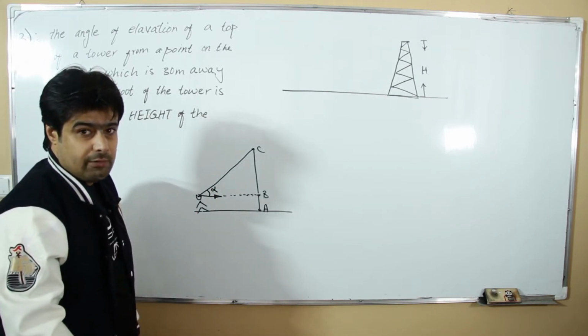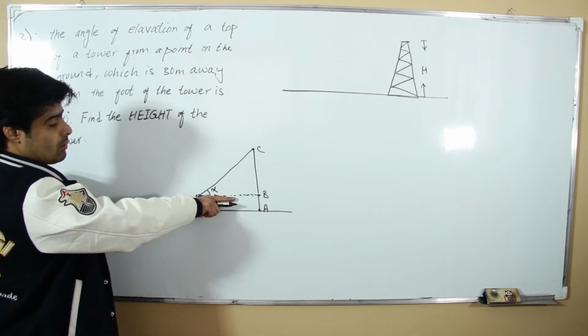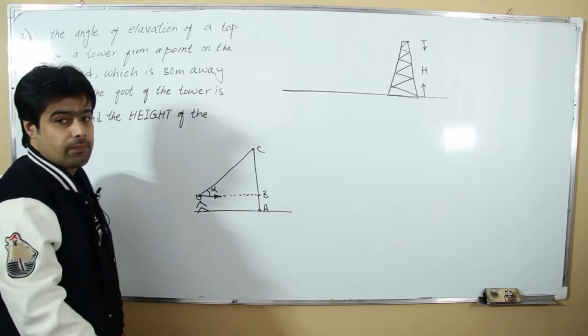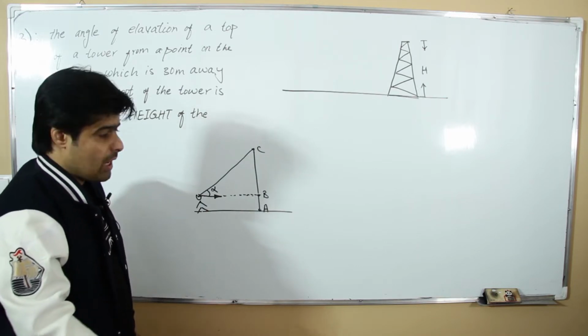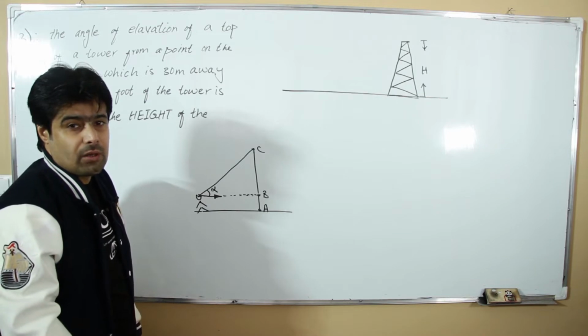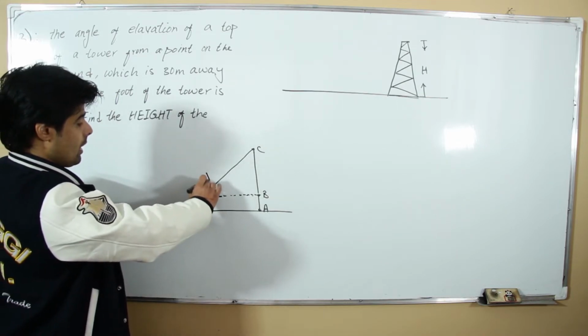What is angle of elevation? The angle between the horizontal line and the top one. This is called angle of elevation. We have one thing more, angle of depression. What is angle of depression?